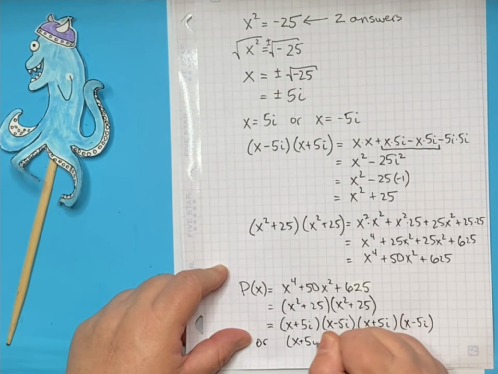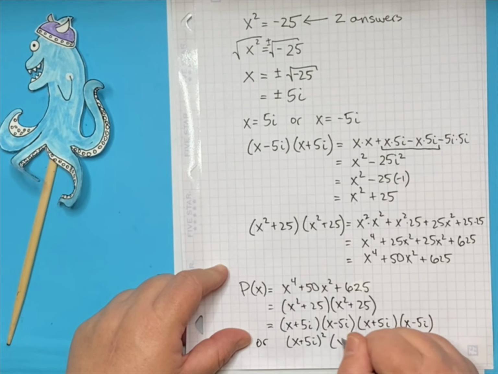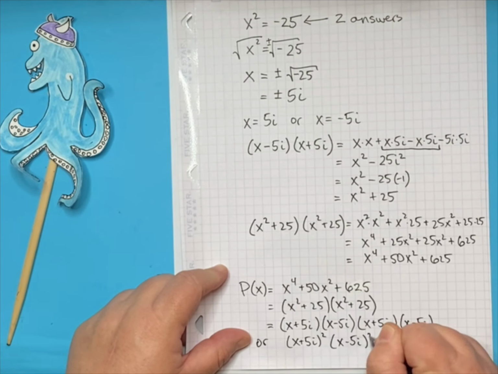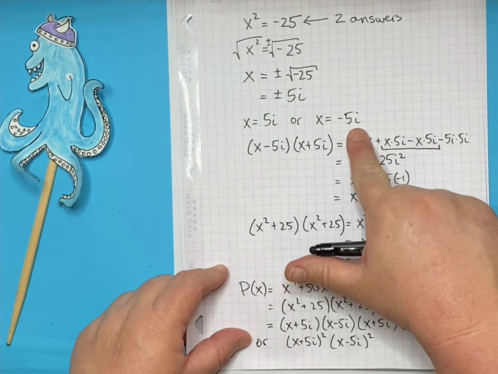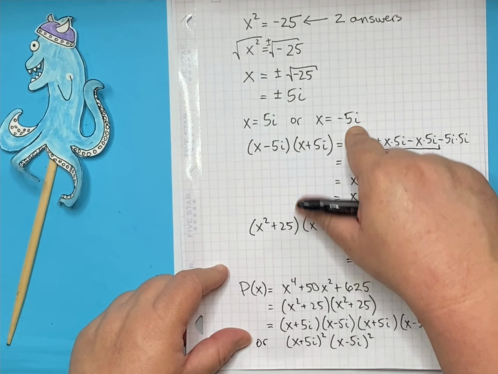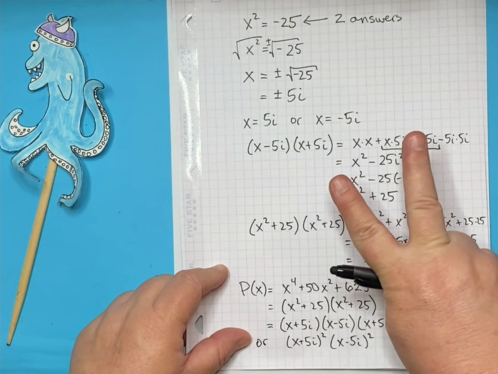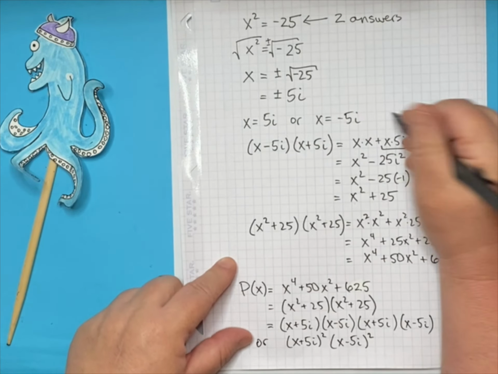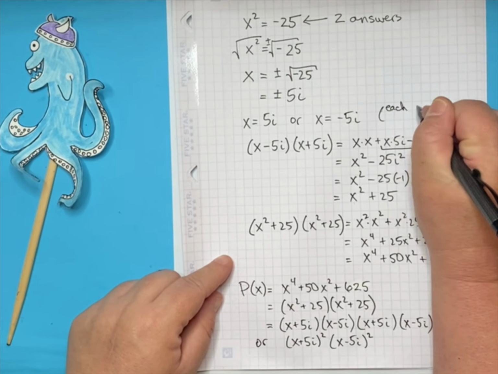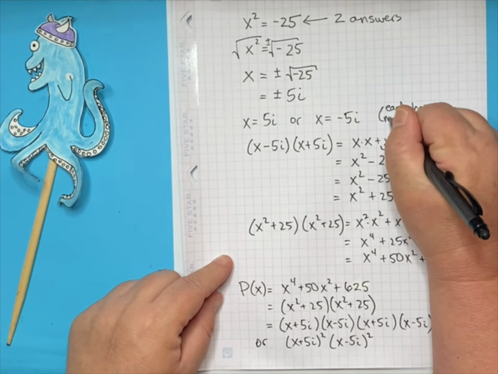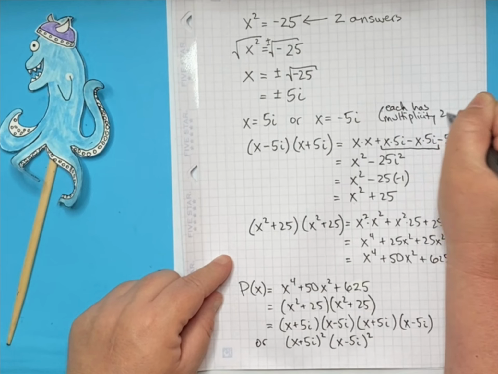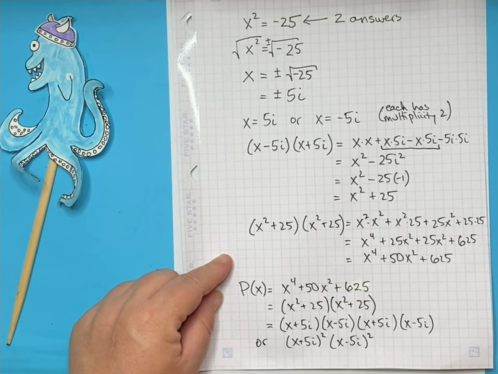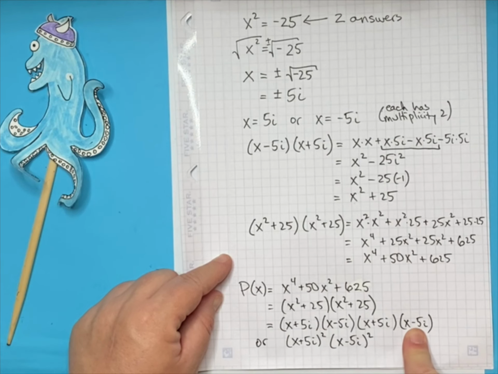So it's x plus 5i squared and x minus 5i squared. So each of these zeros has multiplicity 2. Which is just a fancy way of saying each of them appears twice when you factor it.